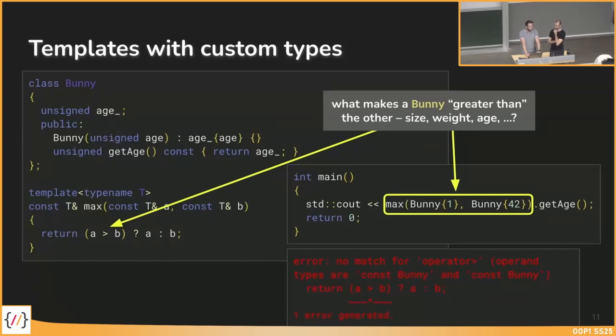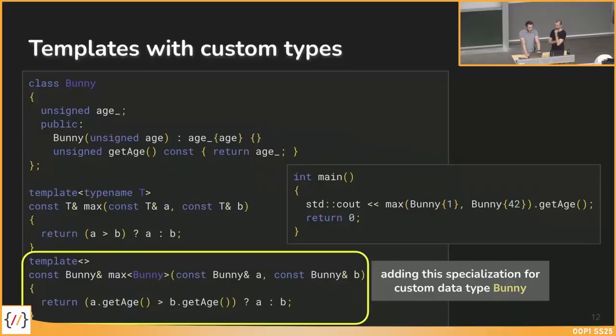And the other solution is to make a further template for this bunny, which then gives us a specialization of this template, and this works as you can see here.